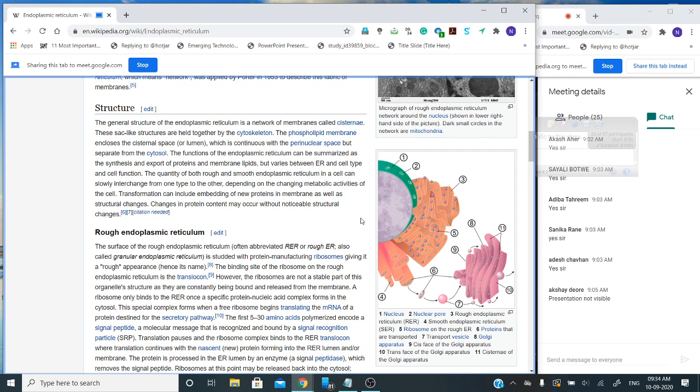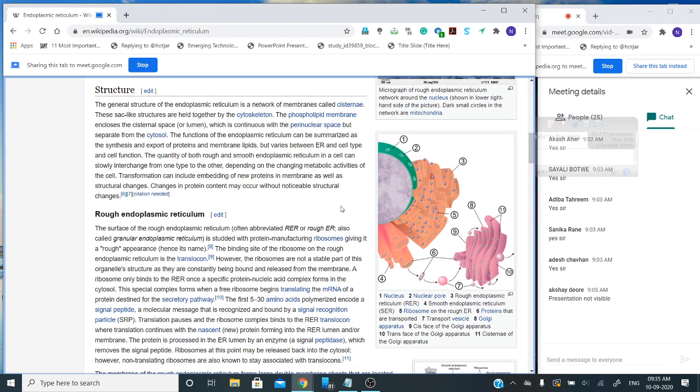If the ribosomes come out and are reduced, then it becomes smooth, and if ribosomes are added, then it becomes rough, depending on the change in the metabolic activities of the cell. It can include embedding new proteins in the membrane as well as structural changes. Whatever protein is synthesized from the ribosome can be modified, and this modification can have a very big impact on the protein.